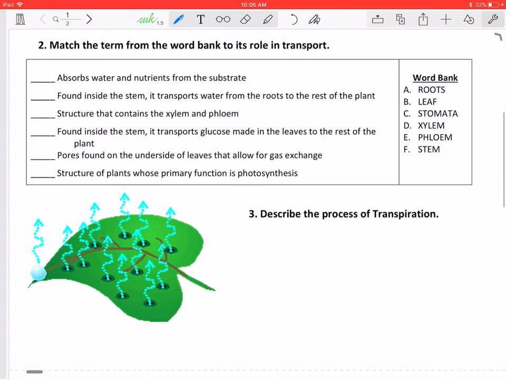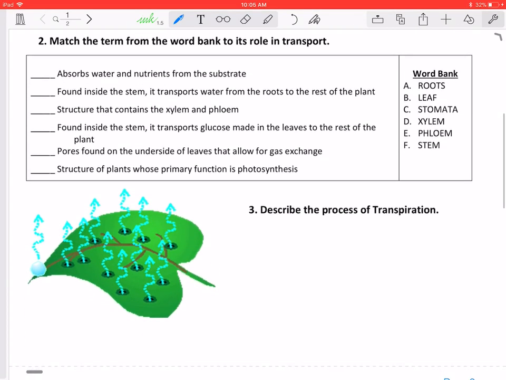All right, looking at number 2 here, okay? So match the term from the word bank to its role in transport, okay? So the first one here, how I really like to approach these matching ones, guys, is I like to read my options first.